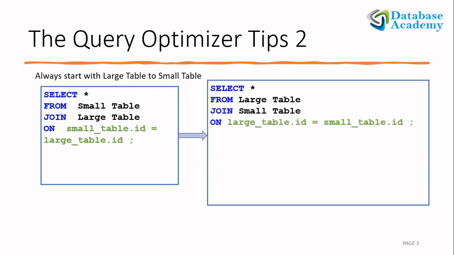We should always start with the large table first and then the small table, and even in the join condition we should keep the large table on the left side and the small table on the right side. So on the left side we should keep our large table columns and the small table on the right side. That's how it will improve the performance of a select statement.